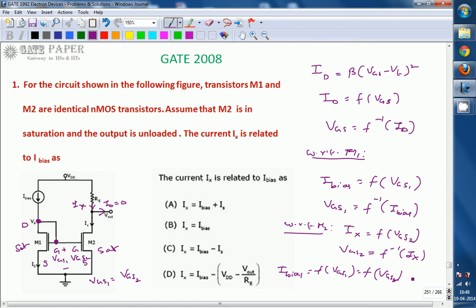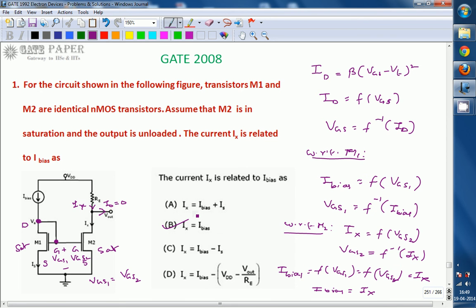From the M2 equation, a function of VGS2 is Ix. So I bias is equal to Ix. The bias current that flows is the same current that flows into M2. So Ix is equal to I bias, and the answer is B.